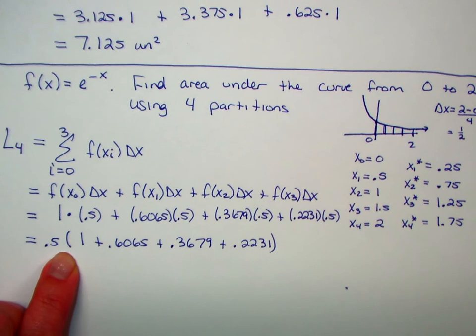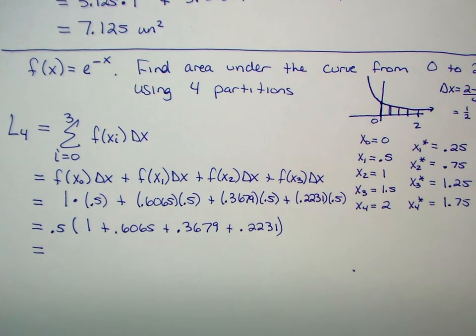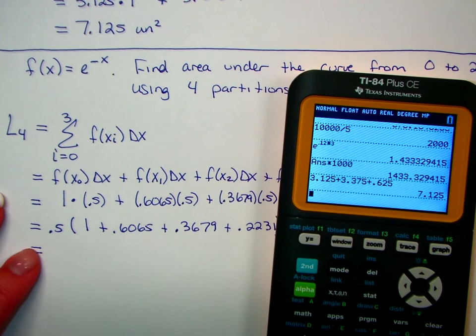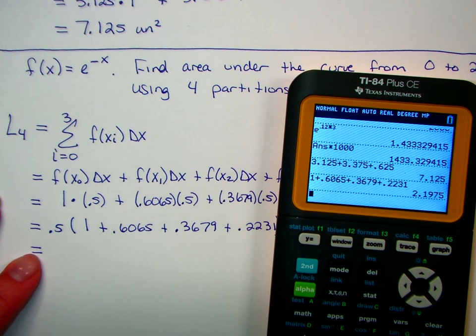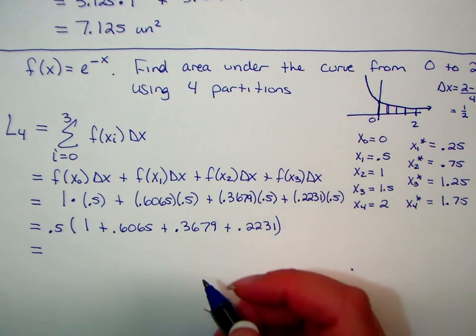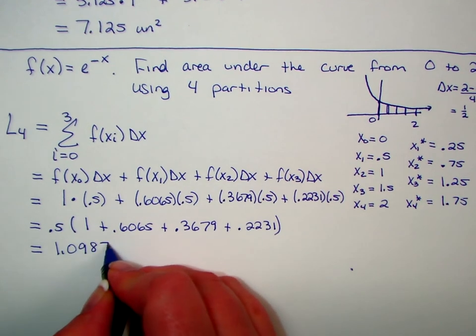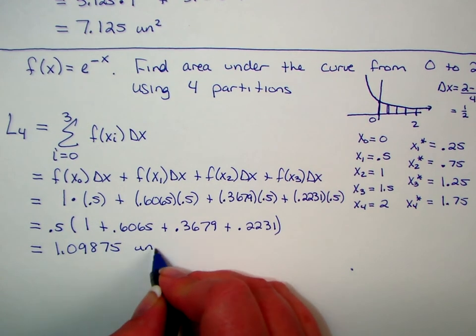So if you wanted to factor out that delta x to calculate it, it probably is a good idea. Right? So let's go ahead and calculate those. All right, so I got 1.09875. Right.